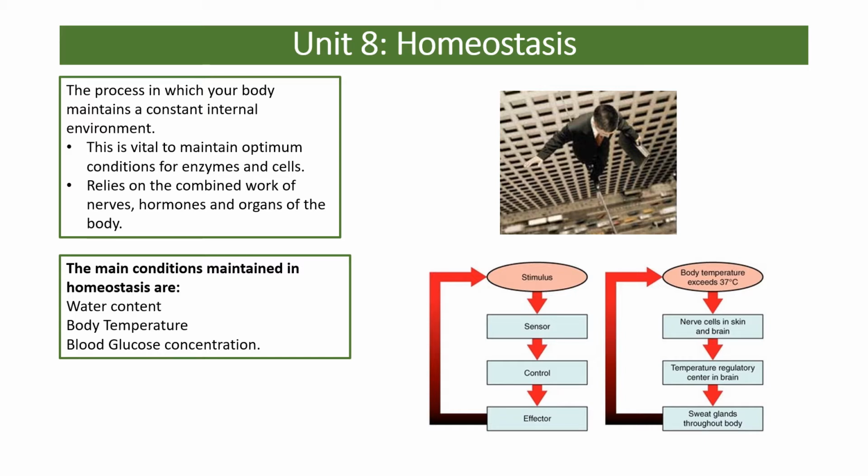You then have some mechanism of control, which is normally your brain responding when your nerves fire as a result. And then you have effector organs, which are either muscles or glands, and the muscles always contract or the glands always release hormones.